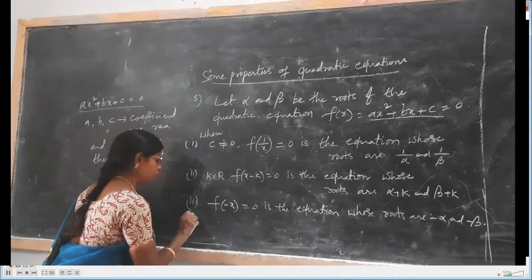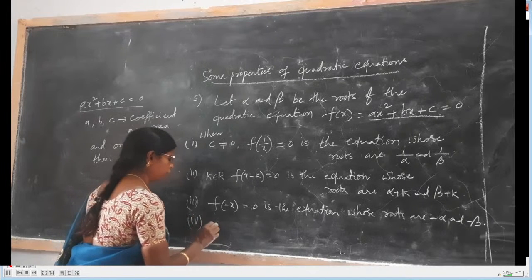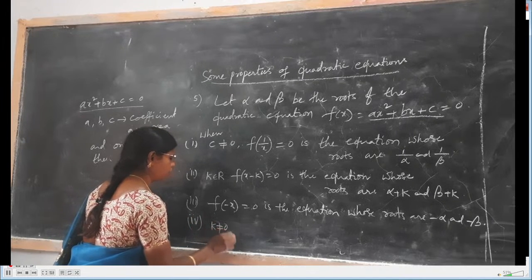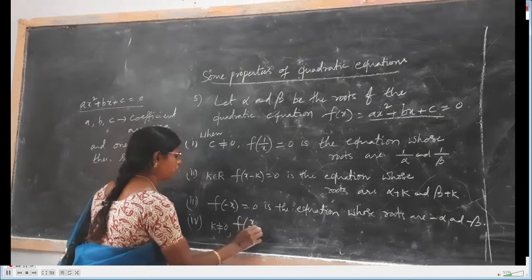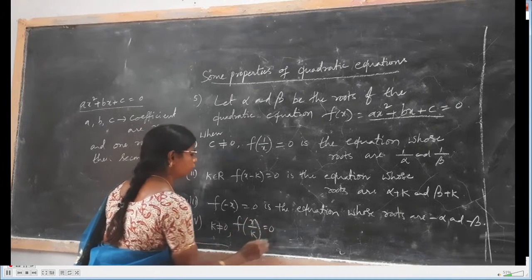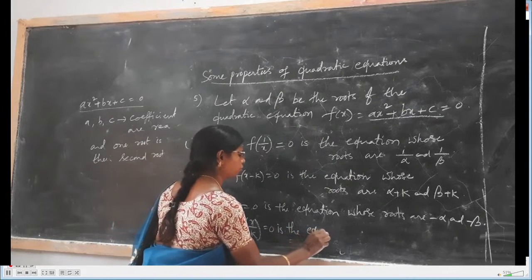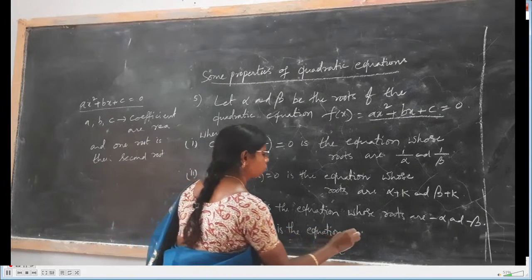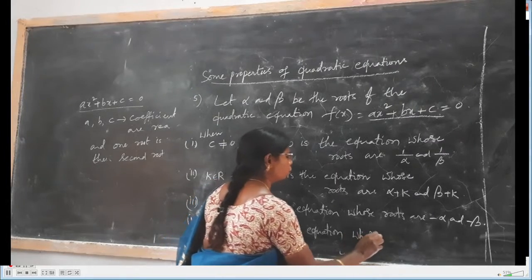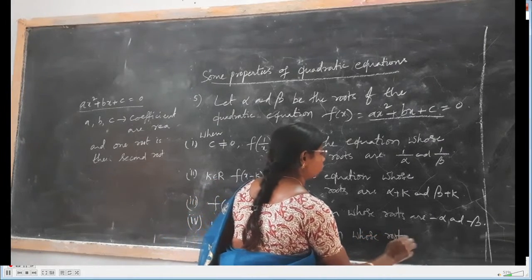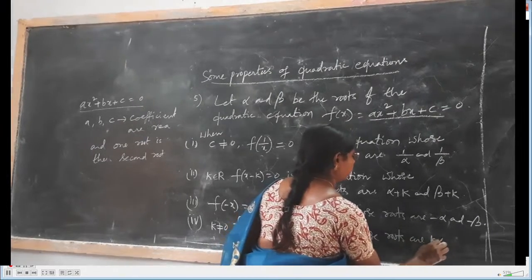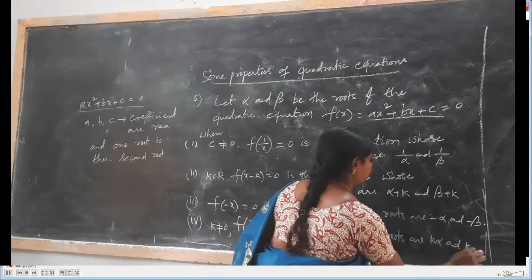Okay, next one. If k is not equal to 0, f of x by k is equal to 0 is the equation whose roots are k alpha and k beta.